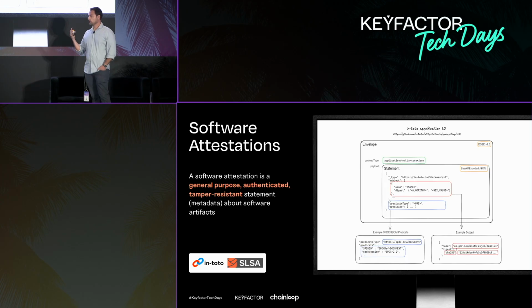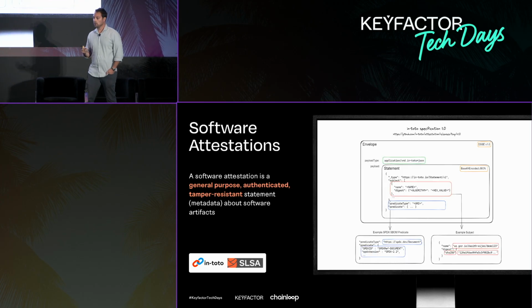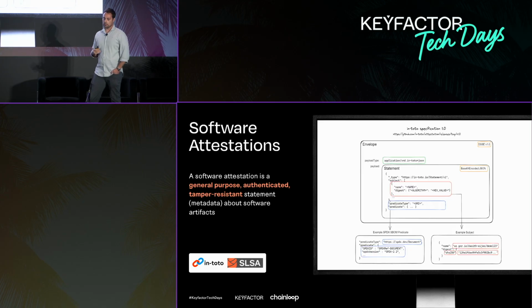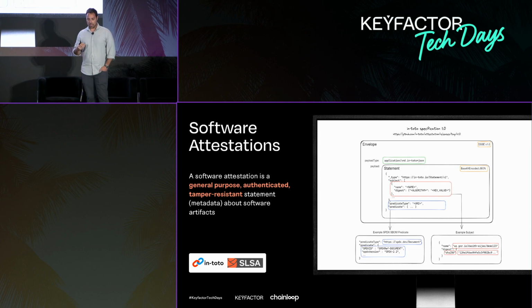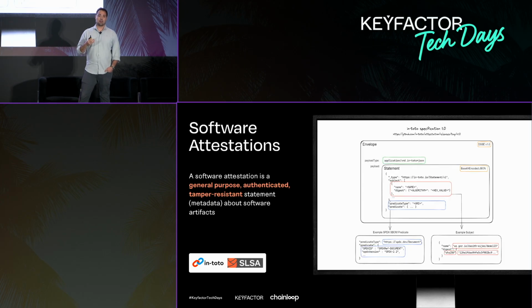The software attestation is this foundation to secure any piece of metadata, any piece of evidence, like the software bill of materials we were talking about, or a vulnerability report, the static composition analysis report, anything. And the idea is that it's a general purpose document that can add any additional context about a container image that you're building, or about a step in the software delivery lifecycle.